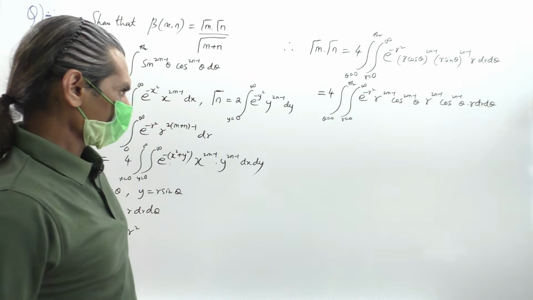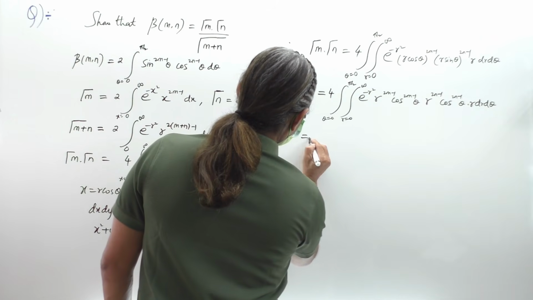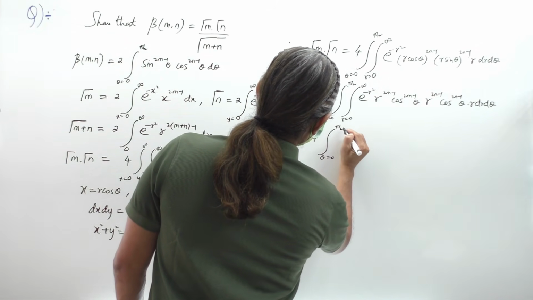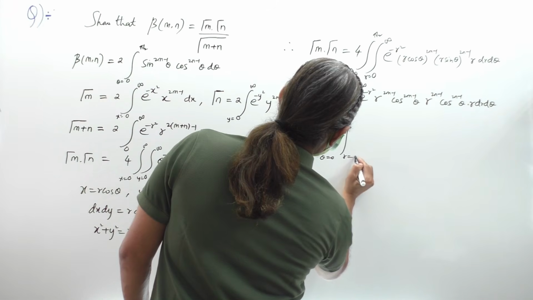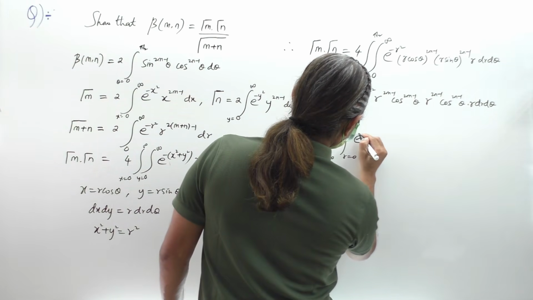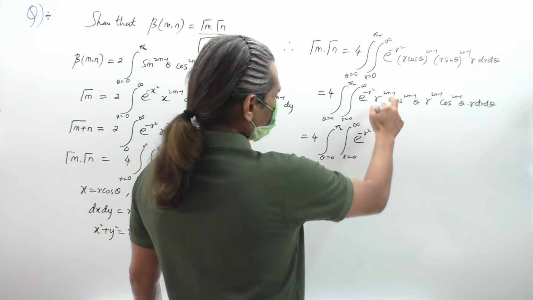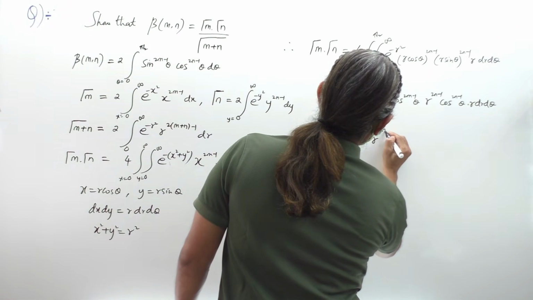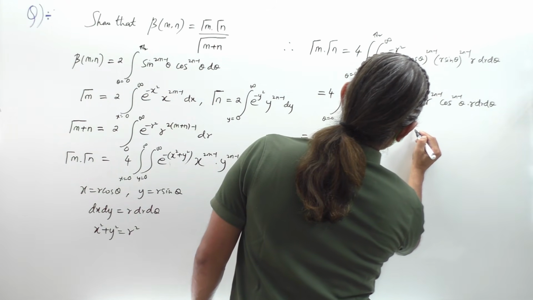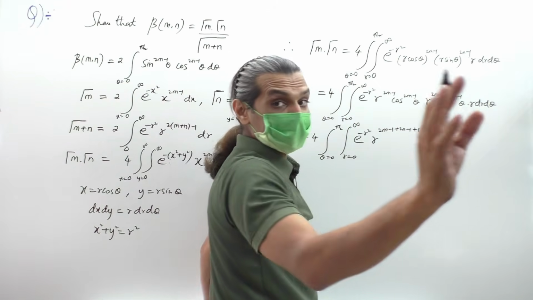That's it. Now this will be 4, again simplified, theta is equal to 0 to pi by 2, r is equal to 0 to infinity, e raised to minus r square as it is. Now see, r raised to 2m minus 1 plus 2n minus 1 plus 1, because there is one more r, don't forget it.